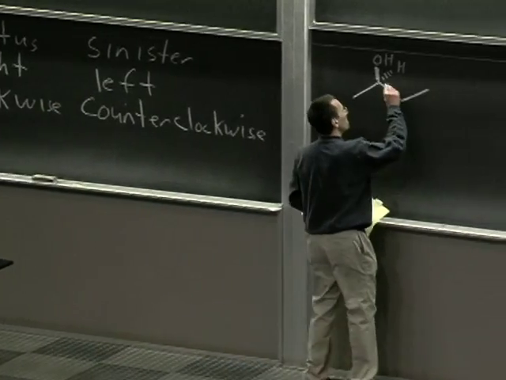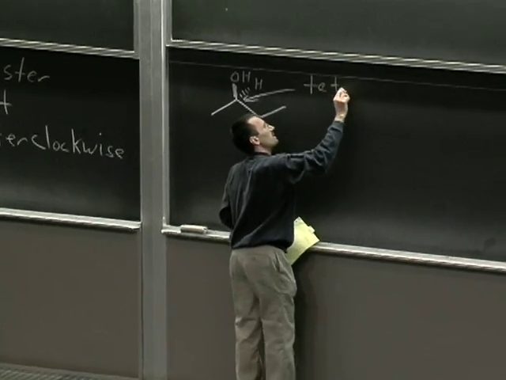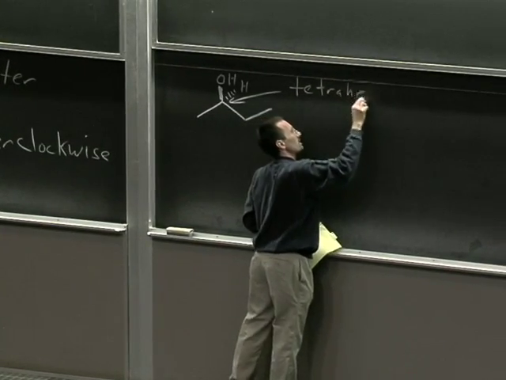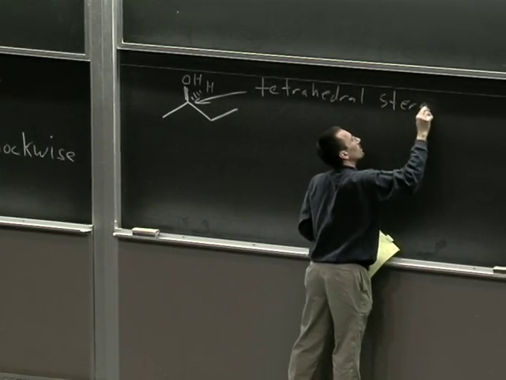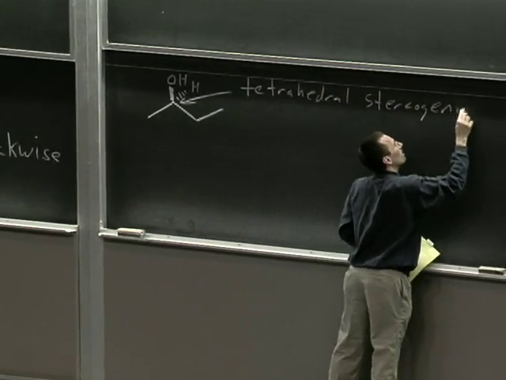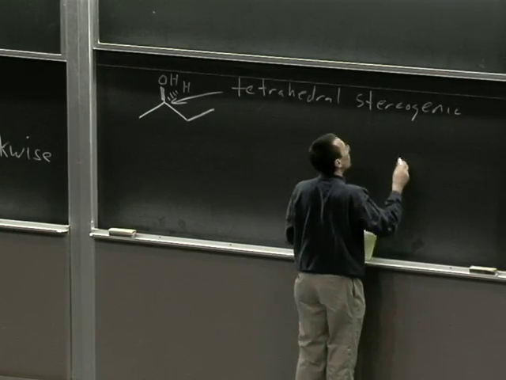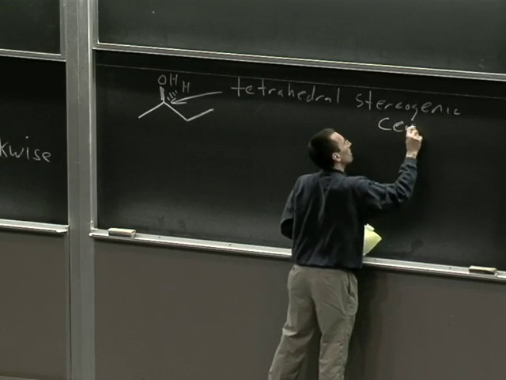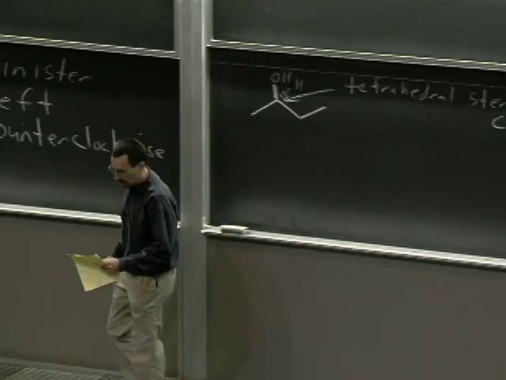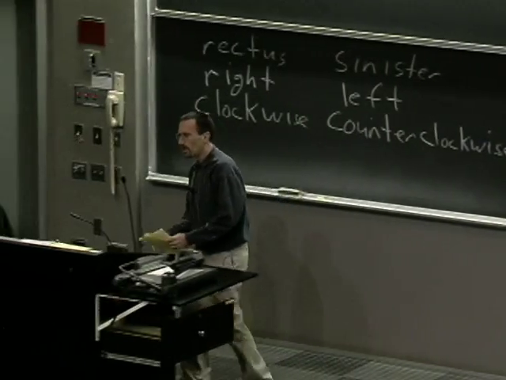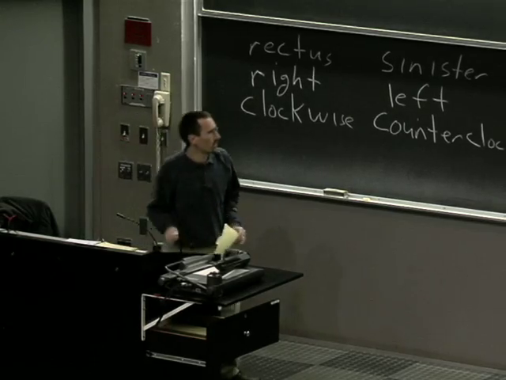So this is A, and in this case, the only tetrahedral stereogenic center. Next, what we need to do is to figure out the priorities of the substituents.